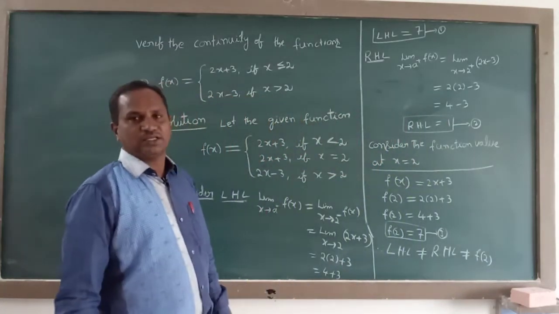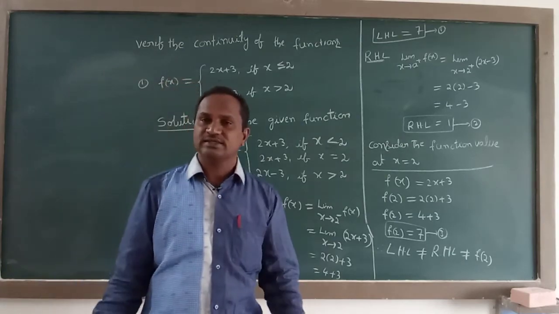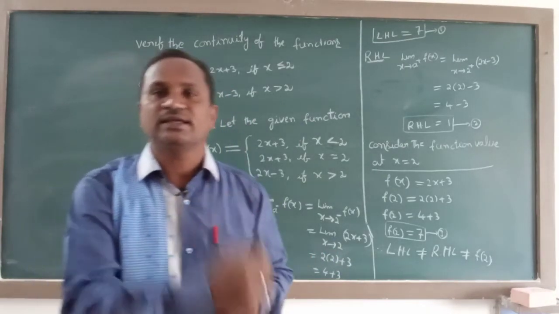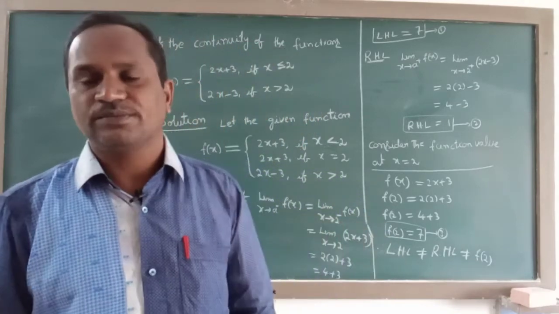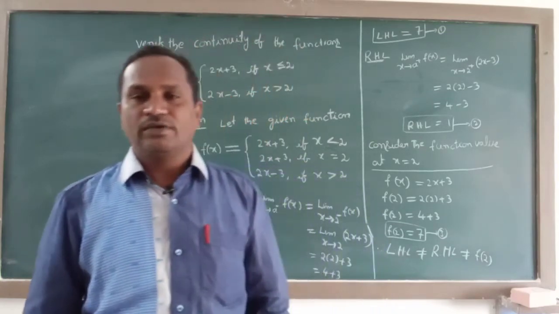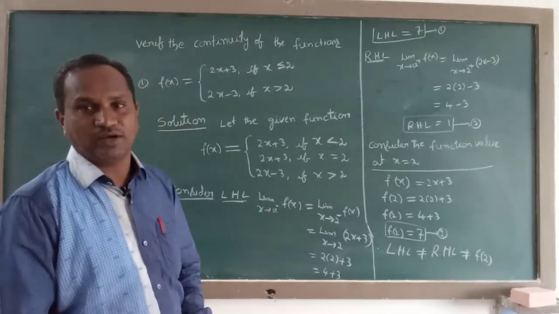Therefore, the given function f of x is not continuous. Not continuous means it is discontinuous. Like that, we check the continuity of the given function using the concept of LHL and RHL. Next, we are going to solve some other questions based on continuity.